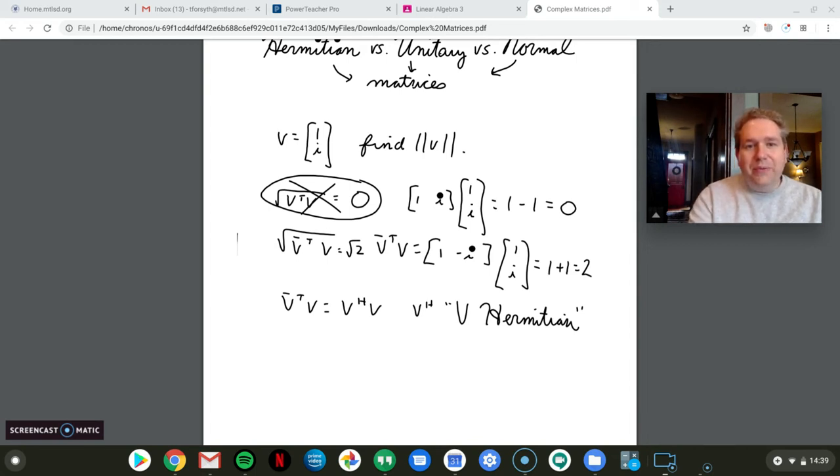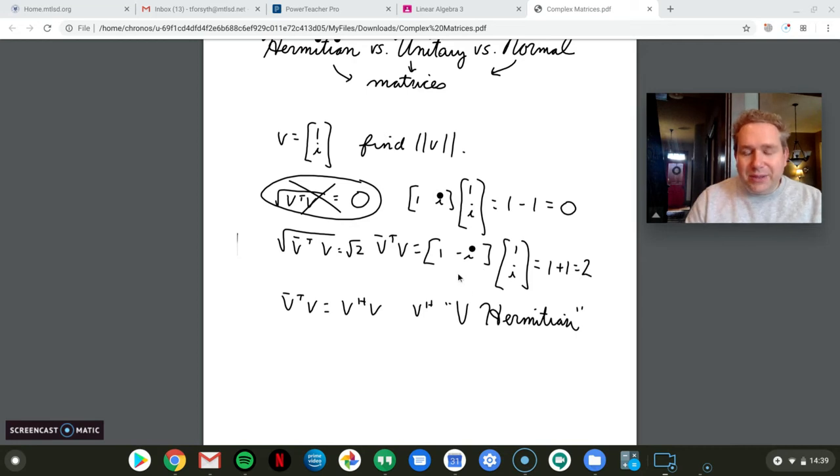So rather than just v dot v, what we do is this bar over the v, if you remember, means the complex conjugate of v. And we have to take v bar, or v conjugate transpose, times v, because that's going to give us the i squared plus i squared in this case by changing the sign. That's going to guarantee that we have a real number as the answer.